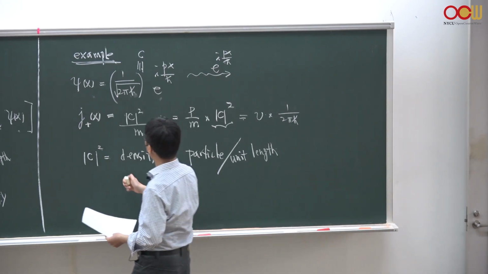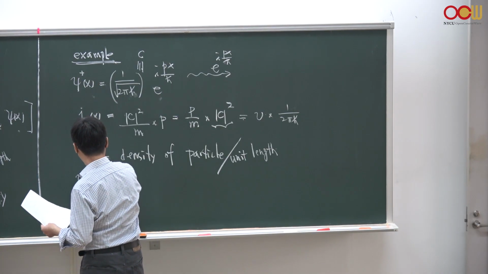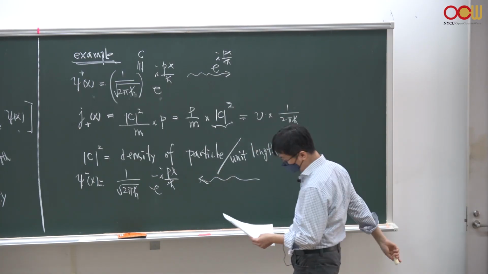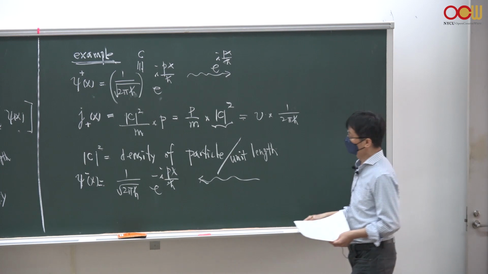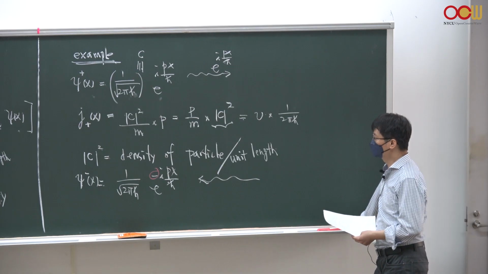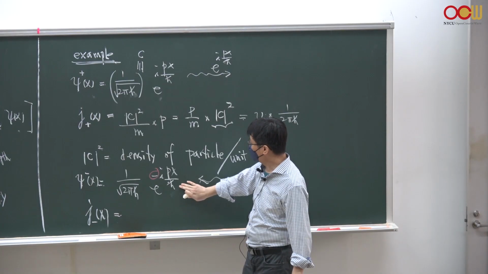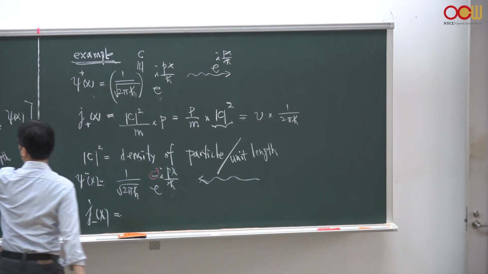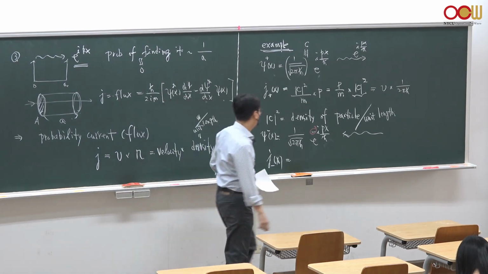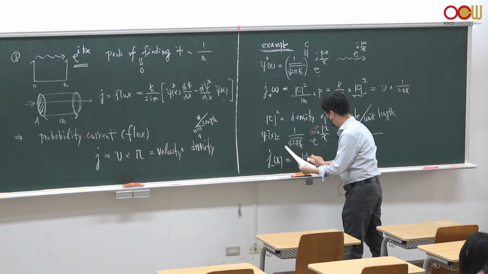And you can also calculate psi, that is plus and minus. Suppose I have another plane wave moving along the opposite direction, from the right to the left, namely towards the negative x-axis. Then we can calculate this J minus. If you simply plug this psi minus wave function back into this flux formula, you get almost the same except the sign, which is minus C squared p over m.